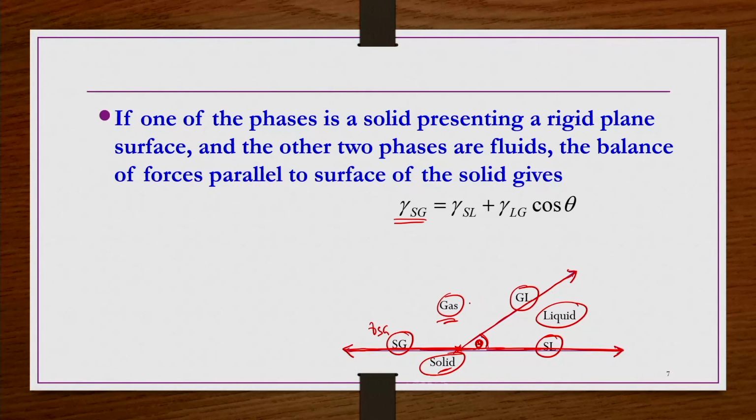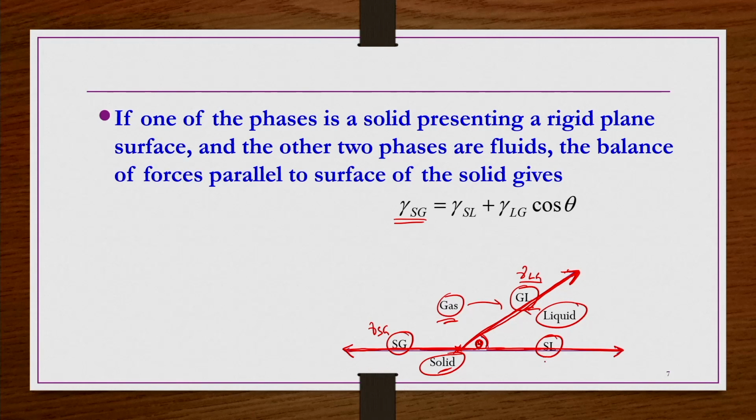Now, here the liquid and gas, both two phases are there, and there is an interface between these two. Because of the presence of this interface, the interfacial tension is gamma LG or GL.